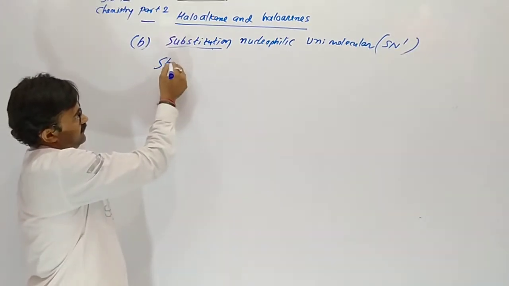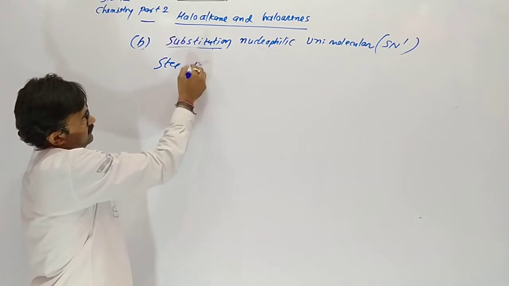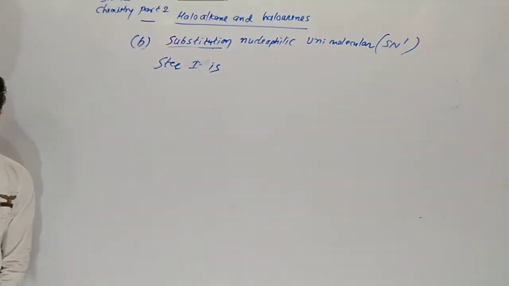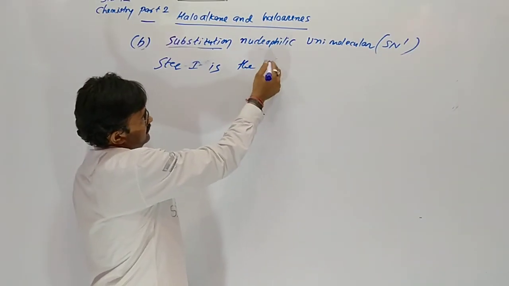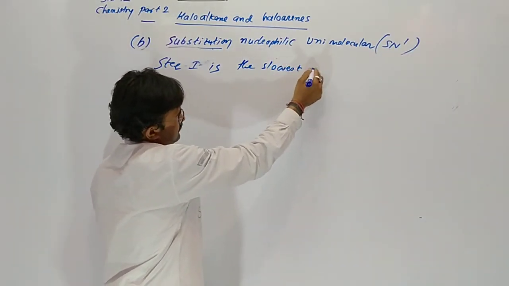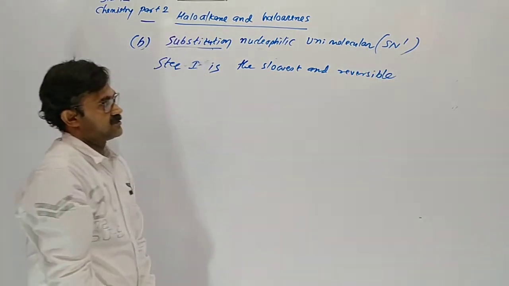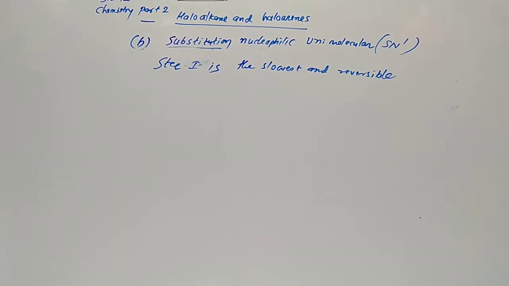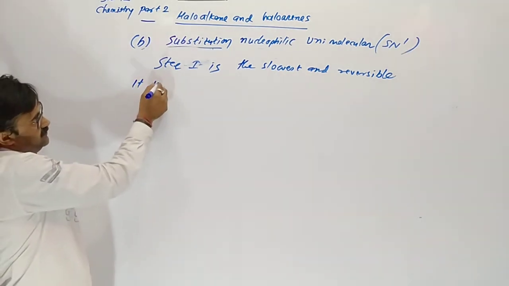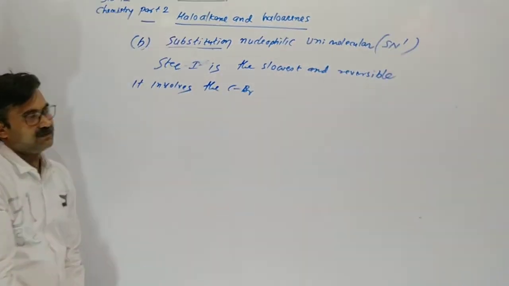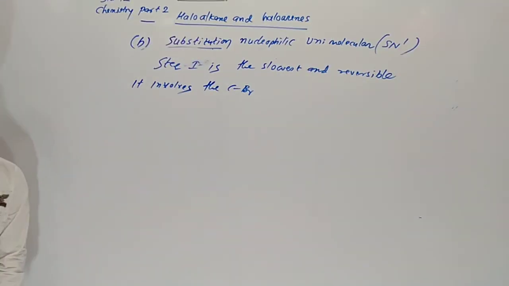Step 1 is the slowest and reversible. It involves the carbon bromine bond breaking.